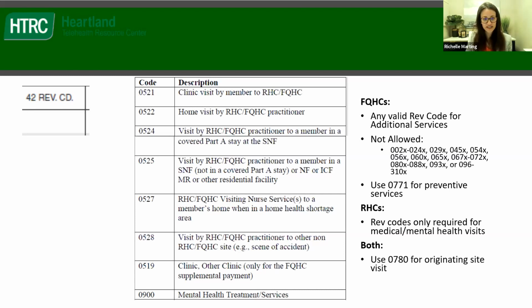For RHCs, they generally, for Medicare, are not required to have revenue codes. The revenue codes are only required for medical or mental health visits when being billed to Medicare. And then both FQHCs and RHCs will use revenue code 0780 when they are billing the originating site fee for telehealth services.